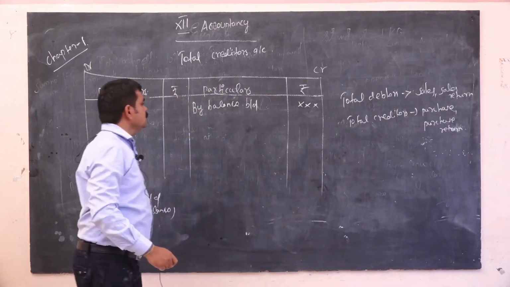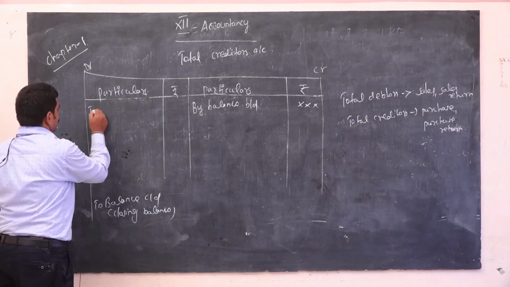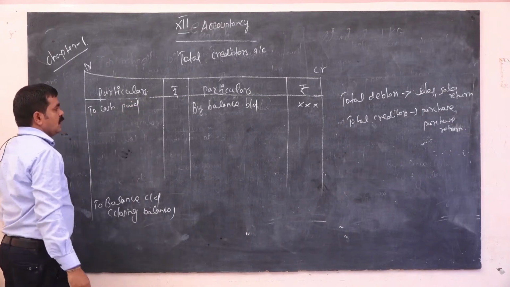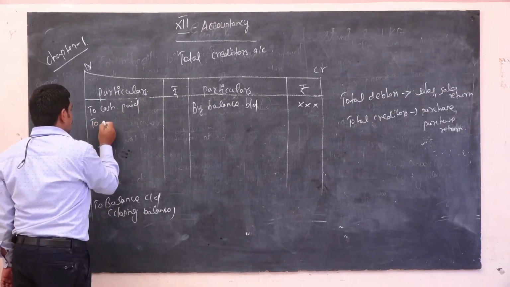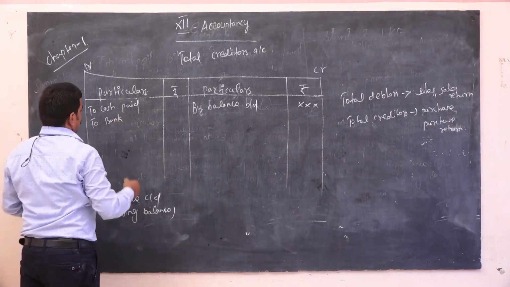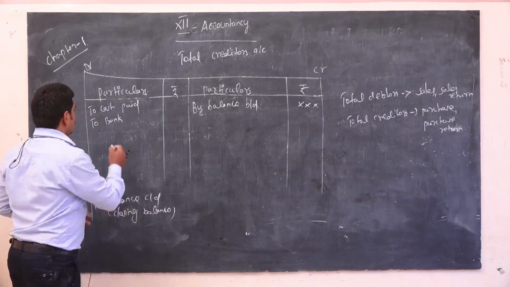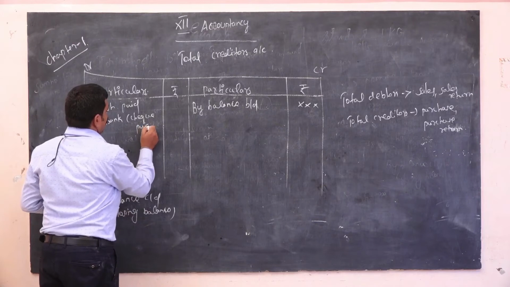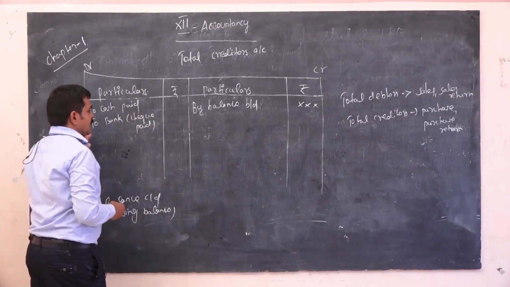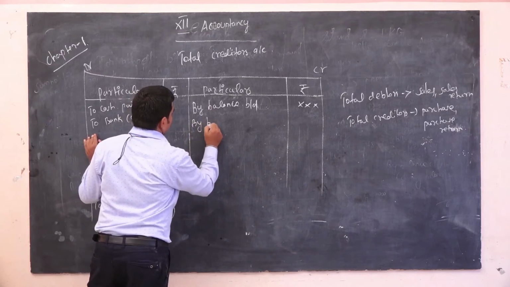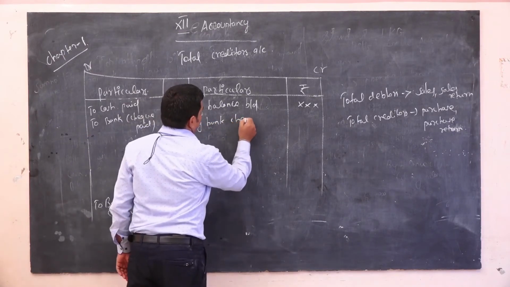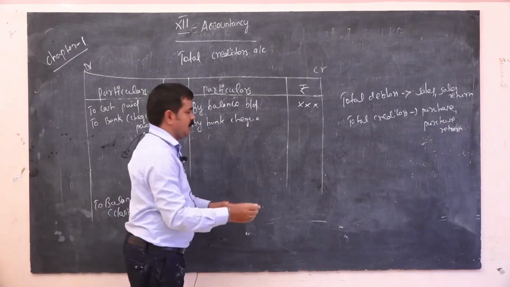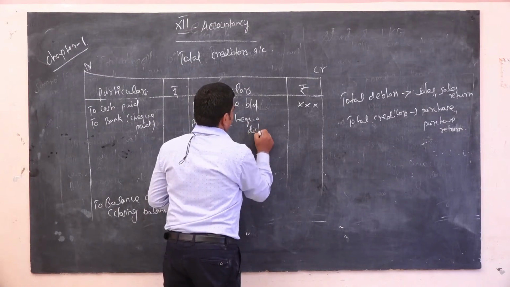Okay, so next one, the first one is to cash paid. Next, in case you are going to pay some amount through the bank, that is by cheque. Cheque paid, that is honored. In case cheque paid, here by bank, cheque dishonor, accepted. Here the bank cheque is accepted, here the cheque is dishonored.